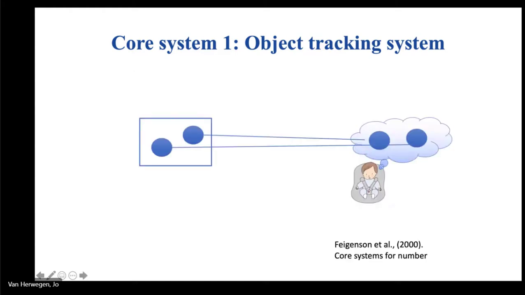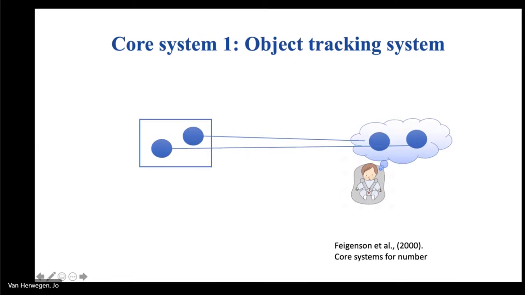And every time you see an object, you would open a file in your memory. So if the infant sees 2 dots on a screen, in their mind, they would open 2 files, one for this dot that corresponds with that one on screen, and another one that corresponds with the other dot on the screen. Now, when the infant is then shown, for example, 3 dots, the infant would go like, well, I've got one in my mind for one of the dots.